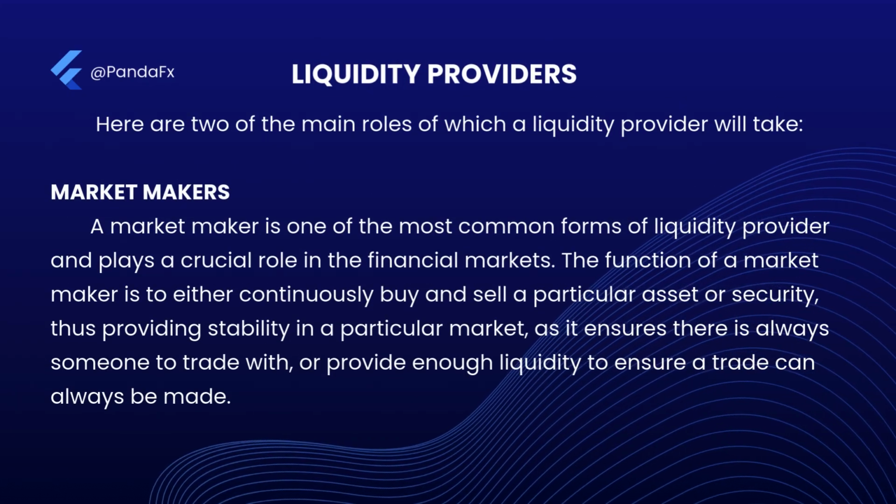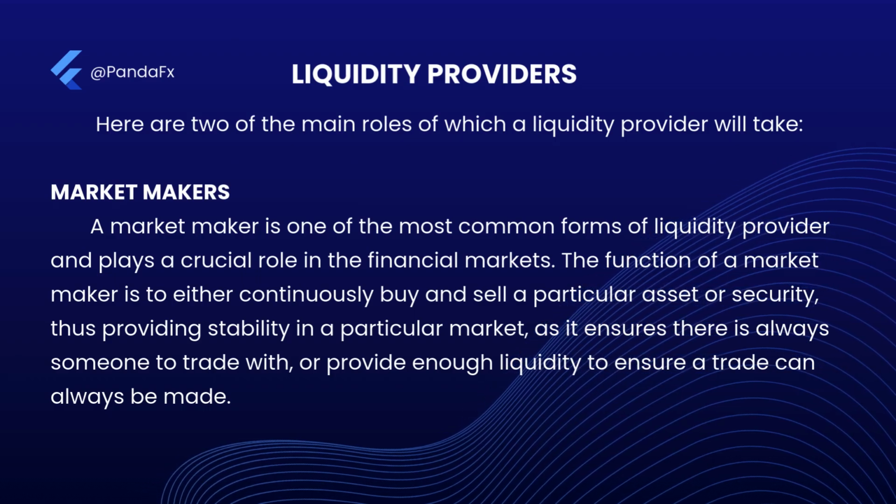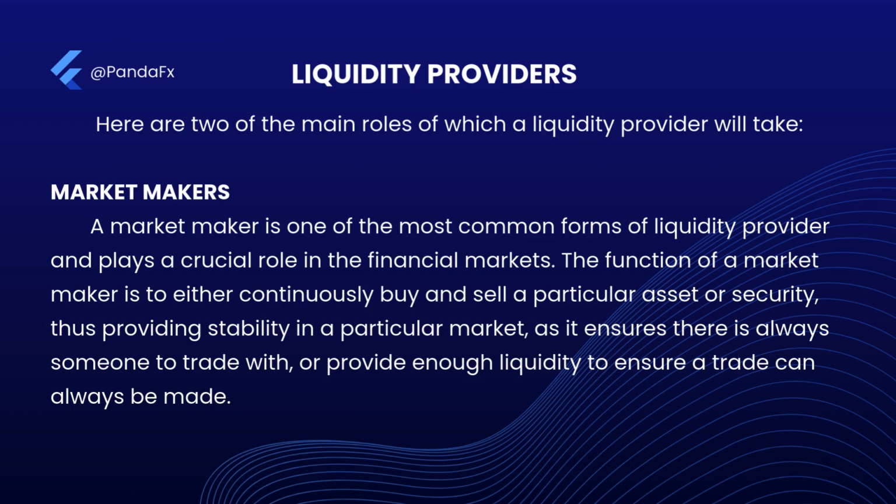So here are the two main roles of which a liquidity provider functions. One, the market makers. A market maker is one of the most common forms of liquidity provider and plays a crucial role in the financial market. The function of a market maker is to continuously buy and sell a particular asset or security, thus providing stability in a particular market, as it ensures there is always someone to trade with, or enough liquidity to ensure a trade can always be made.